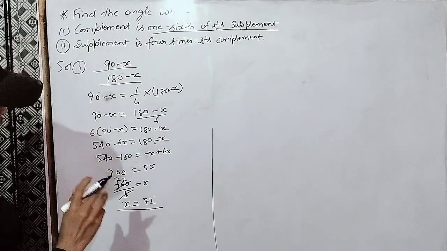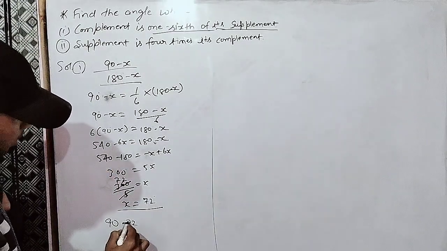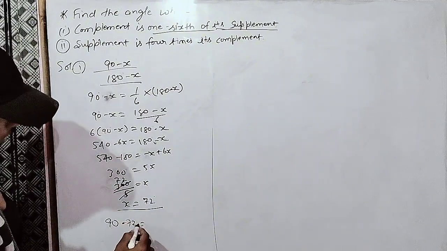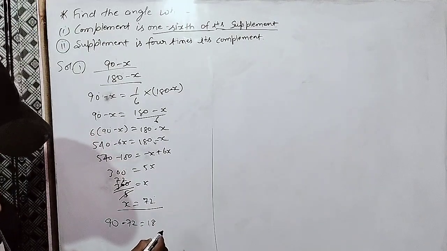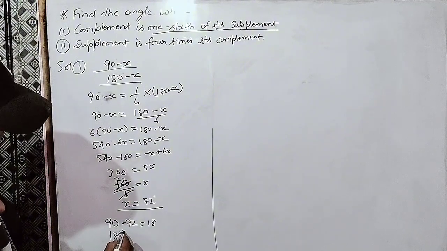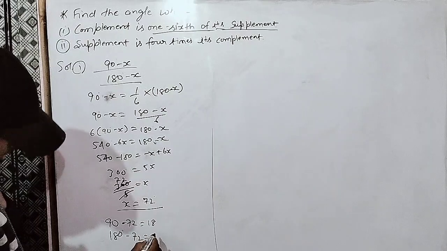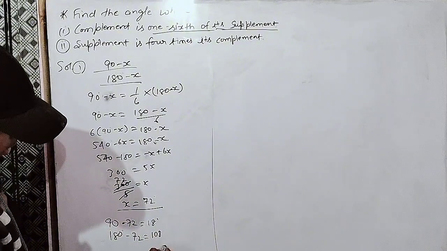Then we will get 90 minus 72 and then 108. How much? 180. Then 180. Clear? This is the answer.